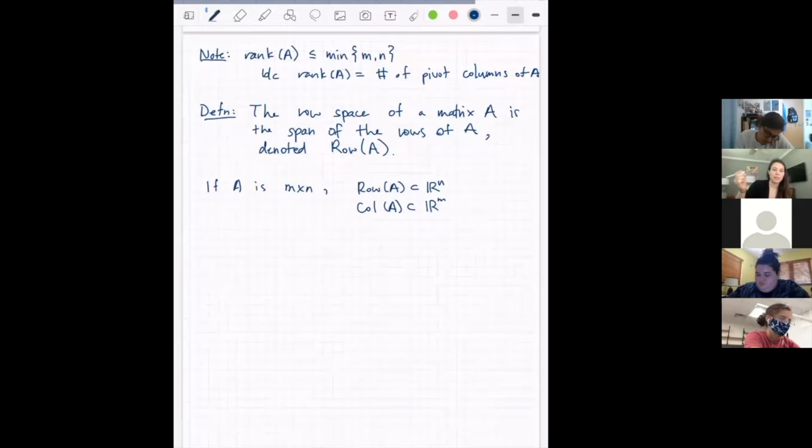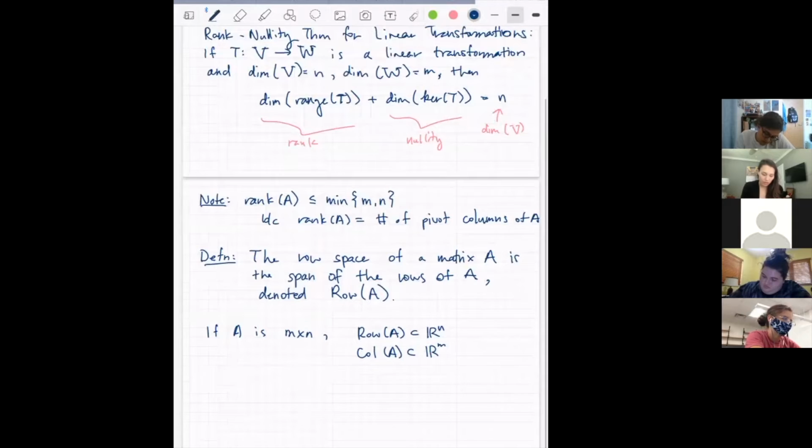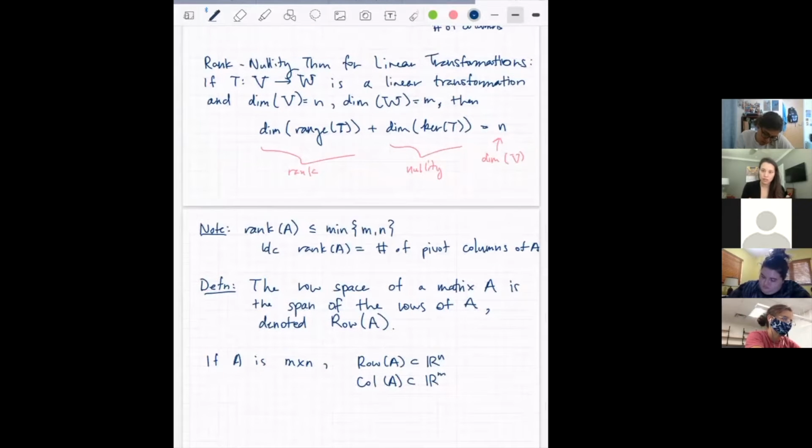Okay. Wait, can you go back to the rank nullity theorem in terms of the linear transformation? How's the dimension of range T just the rank? So if you think about the range of T is the image, right? And you can also think of the rank as the span of the columns. Right?